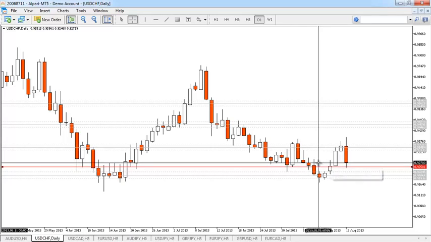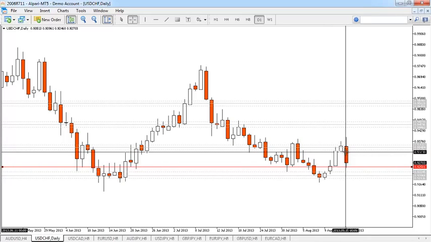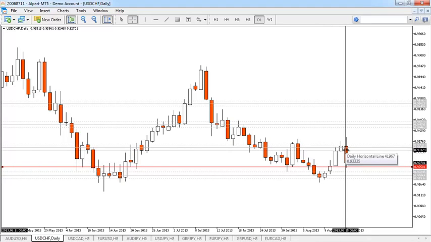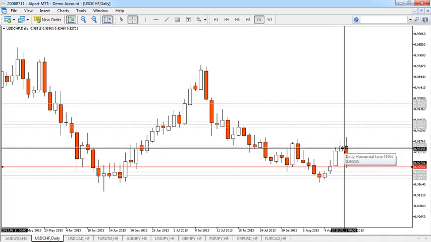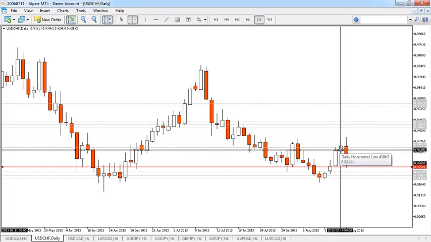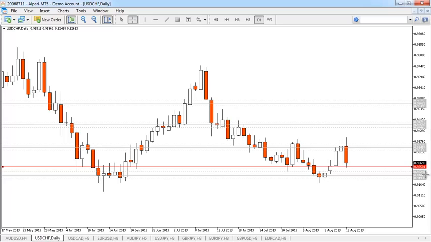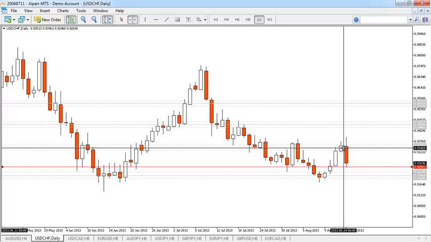If I'm setting just an automatic exit, I'd probably set it on the line just because there is resistance up here and I don't want it to get specifically to this line and then reverse, because there's sellers up there. So it just depends on if I'm around to watch the trade. If I'm able to watch the trade from my mobile phone or at my actual computer, I'll set my exit a little higher and just watch and see how price reacts around here.